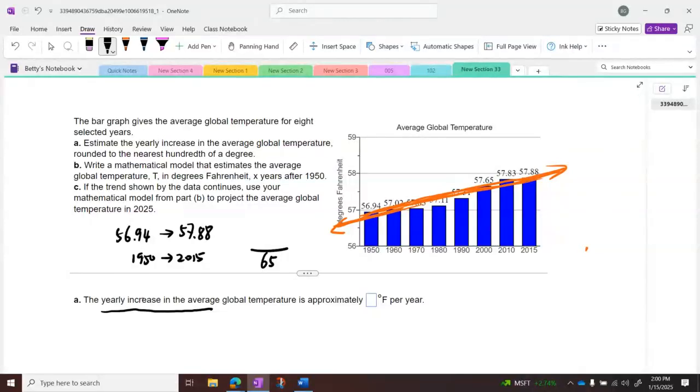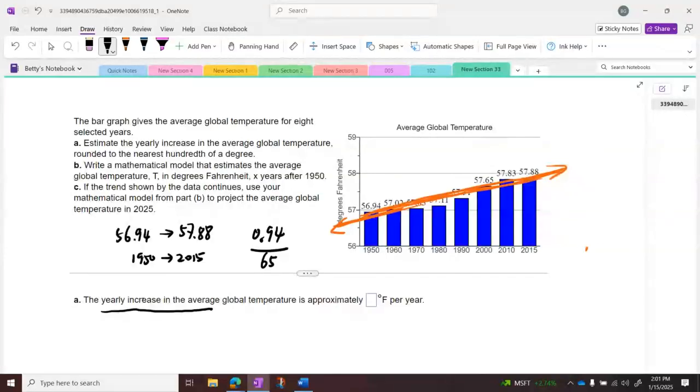We use 57.88 minus 56.94, which is 0.94, right? Yeah, let me double check. 57.88 minus 56.94.